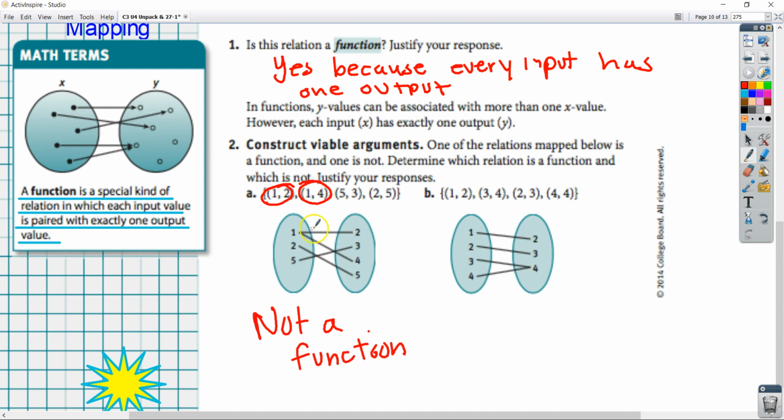You can see this on the mapping too, because there are two lines that come from that one. If we look here, every input has exactly one output. It's okay that 3 shares 4 and 4 shares 4. The important part is that your input has one output. So this is a function.